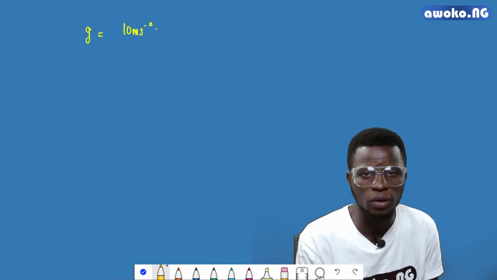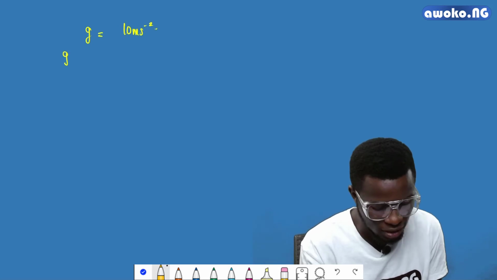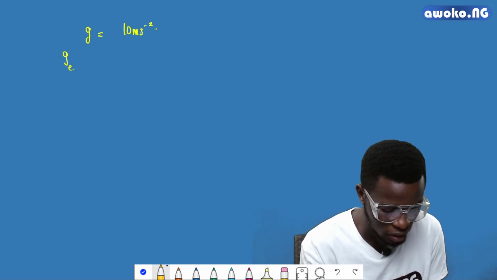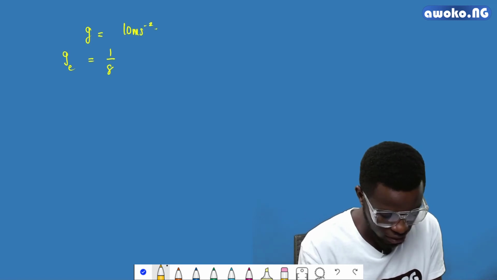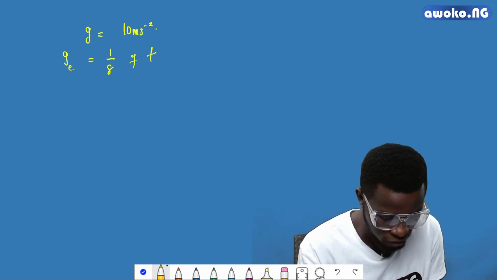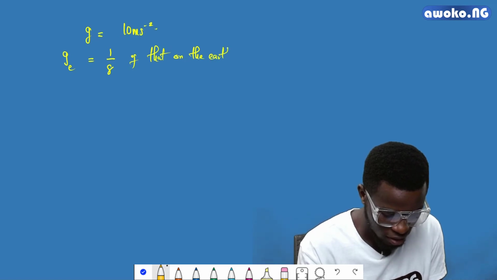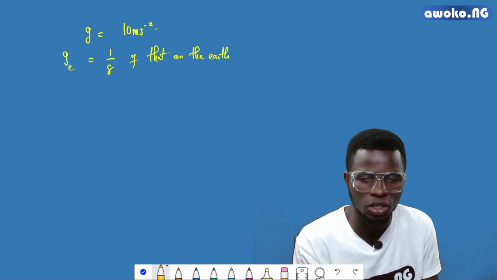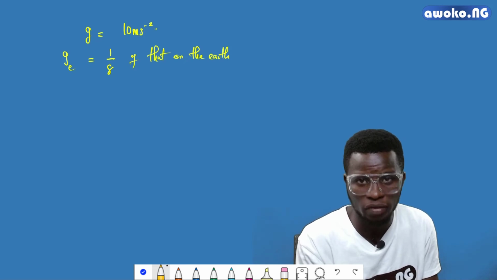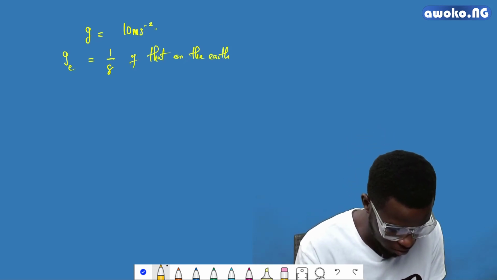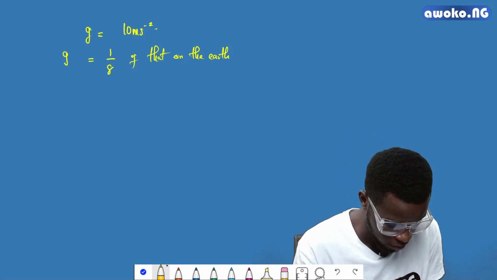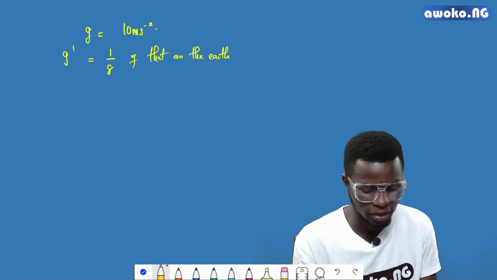But we have to look for the mass and the weight when g is equal to 1 over 8 of that on the earth. So we will not confuse it with the acceleration due to gravity of the earth. Let us just make it g prime.